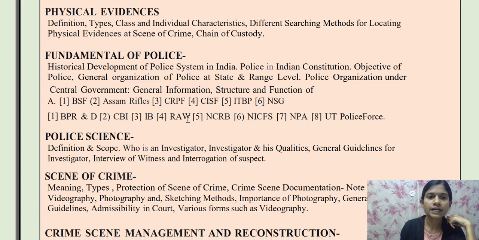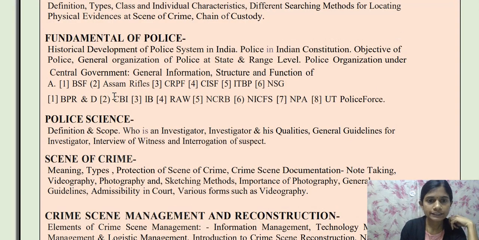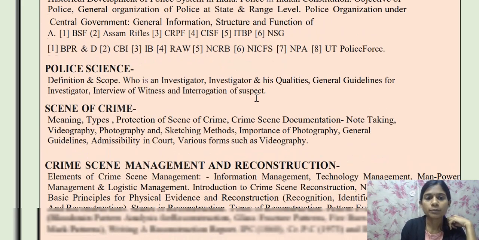They divided police into two parts. The first includes BSF, Assam Rifles, CRPF, CISF, ITBP, NSG, and the second part includes BPRND, CBI, IB, RAW, NCRB, National Crime Records Bureau, NICFS, NPA, National Police Academy, and UT Police Force, the Union Territory Police Force. These all are included in the fundamentals of police.